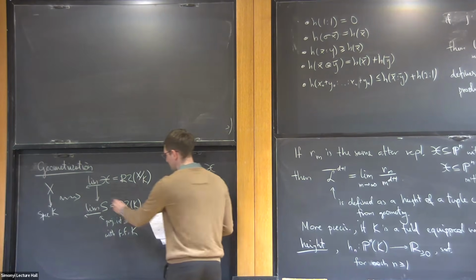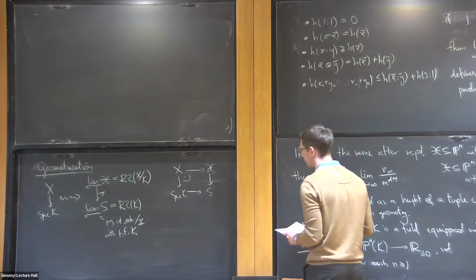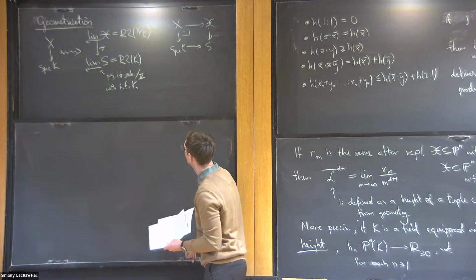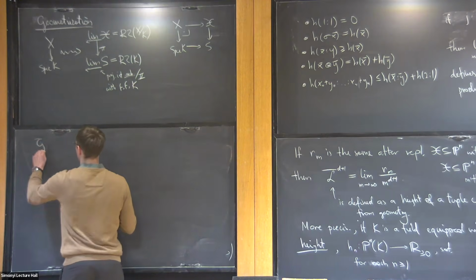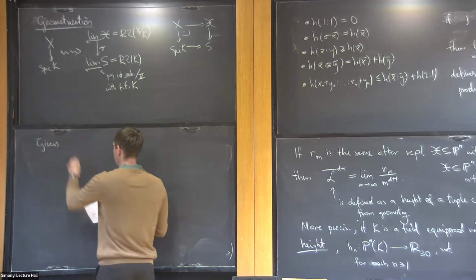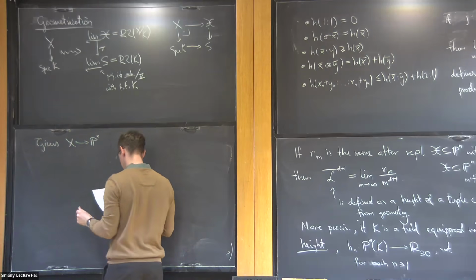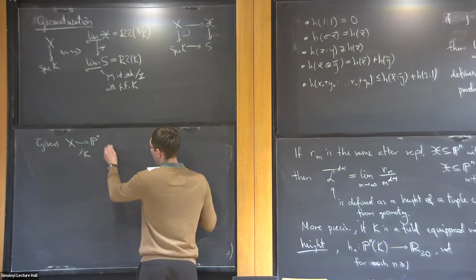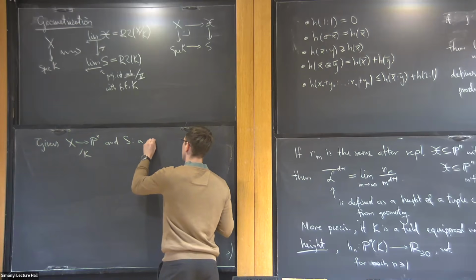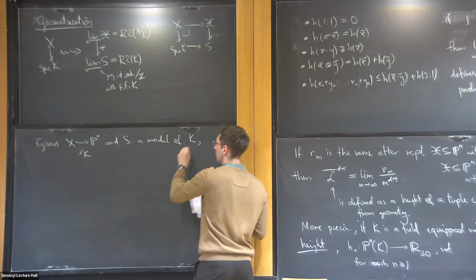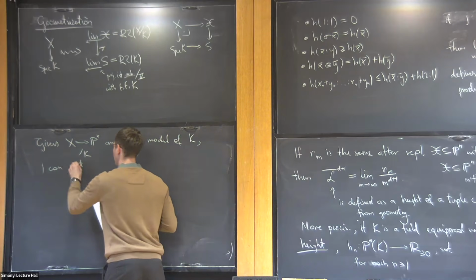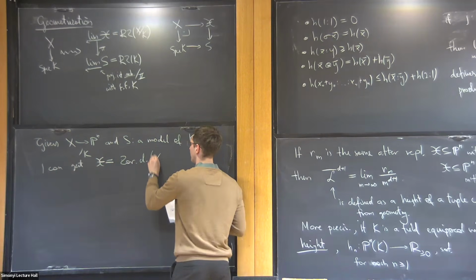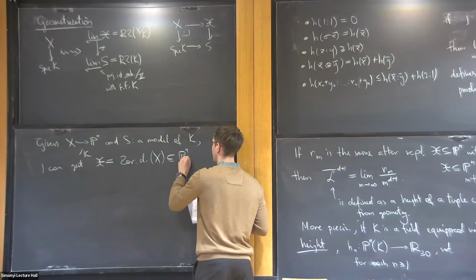So I have these Riemann-Zariski spaces, and really this data of mapping to projective space defines a given embedding from X to P^N over K. And as a model of K, I can get the canonical model associated to this data, which is just the Zariski closure of X inside P^N_S.